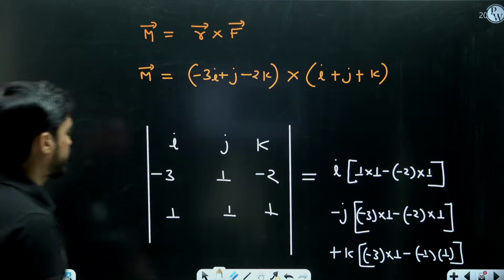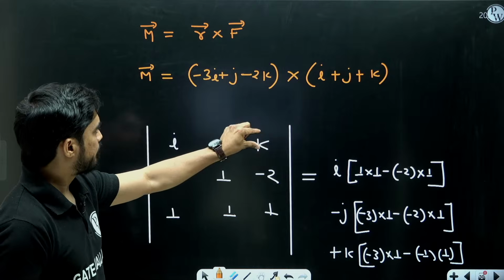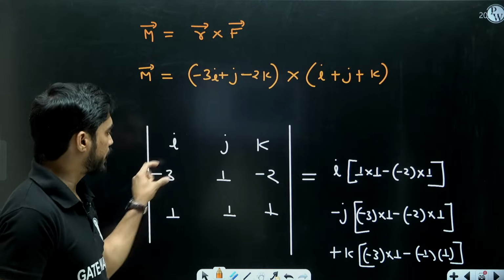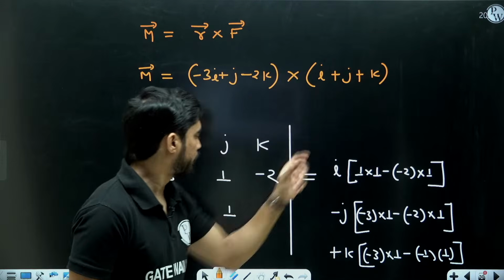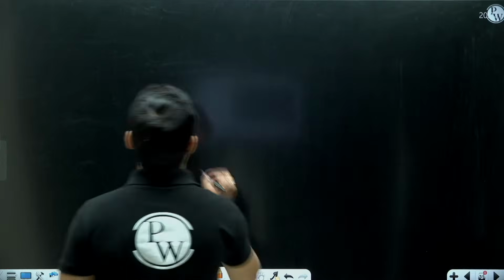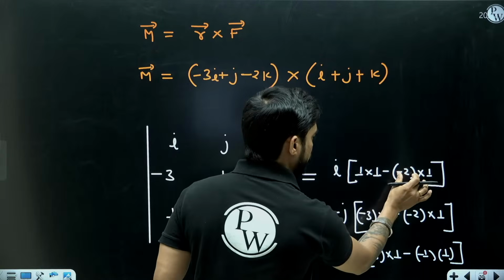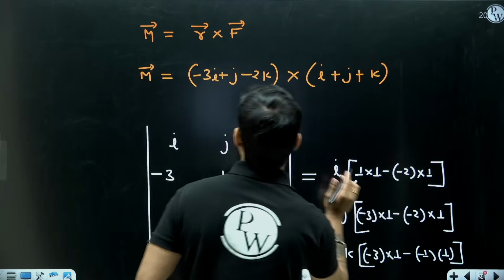I hope you understand how to find the cross product. We wrote i, j, k, then minus 3, 1, minus 2, then 1, 1, 1, and then found the determinant of this matrix. So m will be equal to how much? This will become 1 plus 2 means 3i.